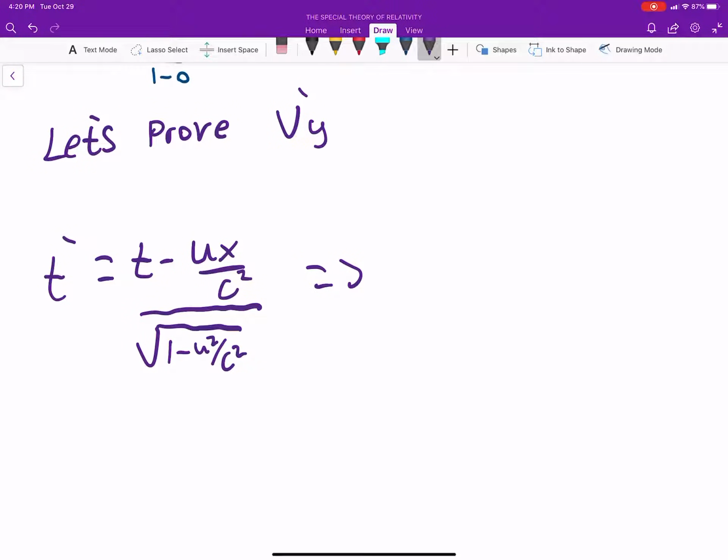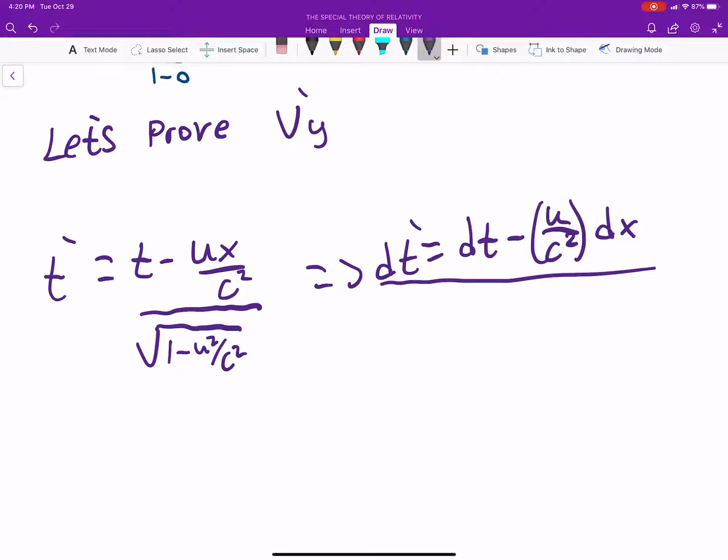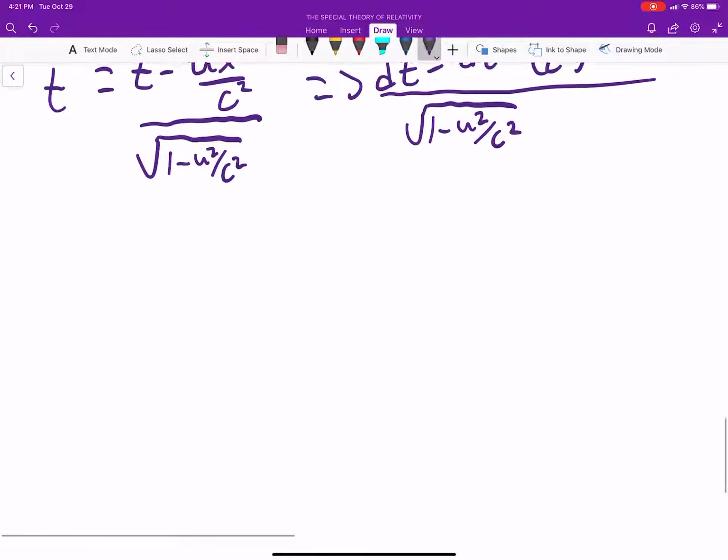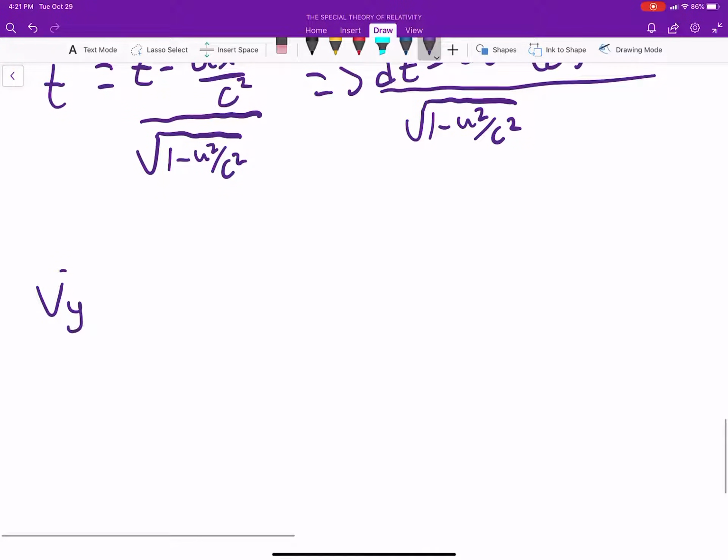Now, differentiating, delta t prime equals delta t minus u over c squared delta x, all over the square root of 1 minus u squared over c squared. So we just replaced our variables with these very, very small changes. Now remember, v prime of y is dy prime over dt prime.